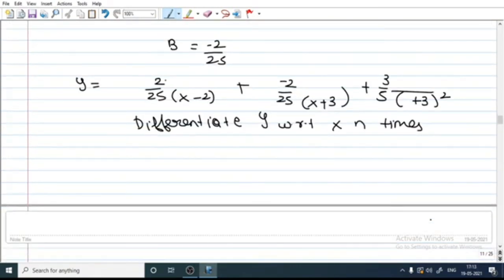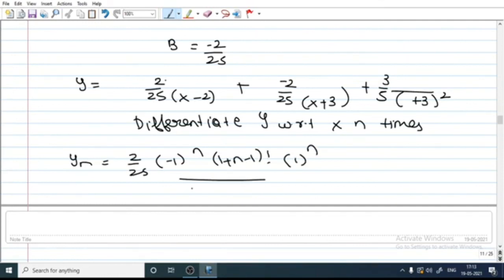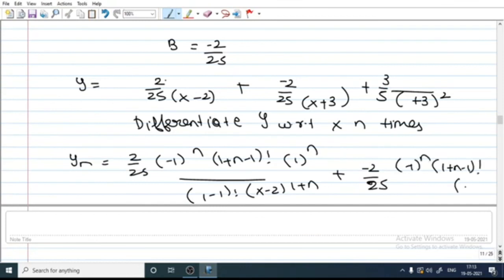Now what you will get? y n equals 2 by 25 into minus 1 power n into (1 plus n minus 1) factorial into 1 power n, the whole upon (1 minus 1) factorial into (x minus 2) the whole power 1 plus n, plus minus 2 by 25 will be as it is, minus 1 power n into (1 plus n minus 1) factorial into 1 power n, the whole upon (1 minus 1) factorial into (x plus 3) the whole power 1 plus n.